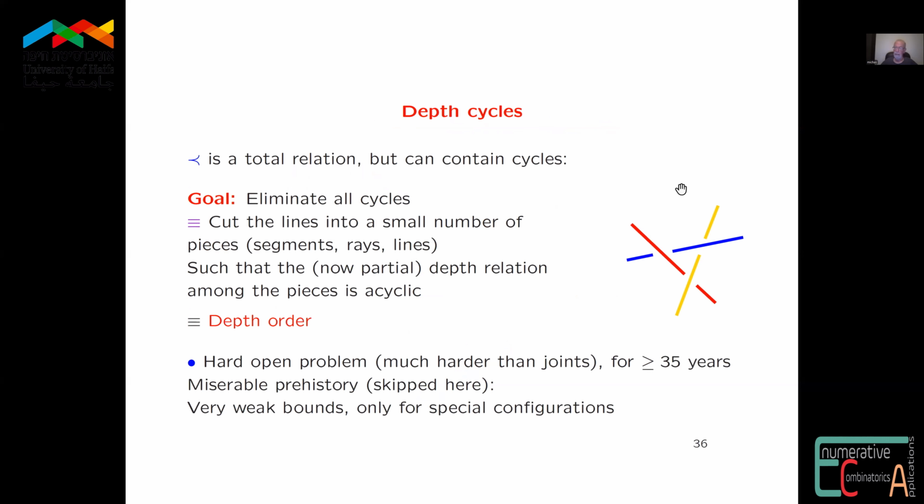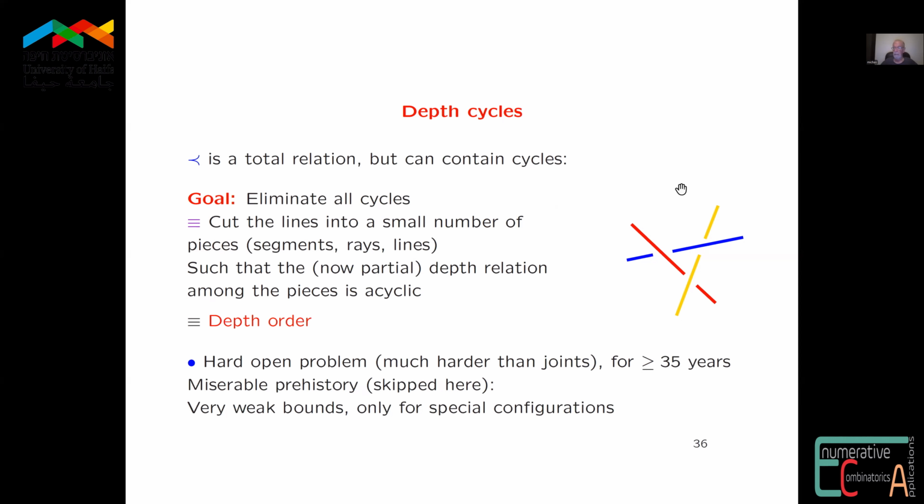We simply cut the lines by scissors at various points. So now we no longer have lines, we have segments, rays, maybe also some lines. So now we don't have a total order, but it's still a well-defined partial order.